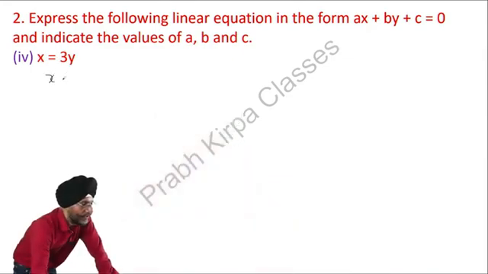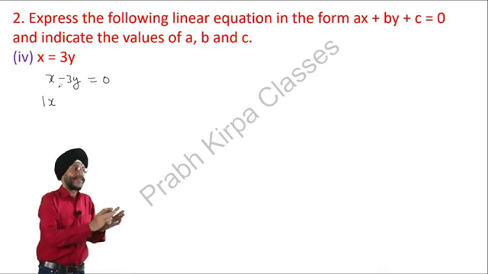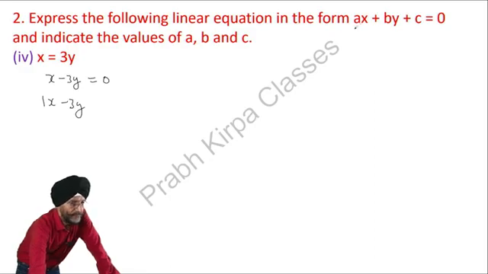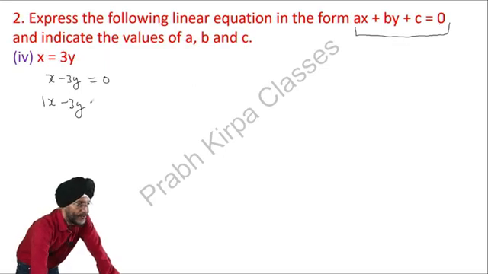So how can we write it as x minus 3y is equal to 0, or we can rewrite it as 1x, because x means 1x, minus 3y, because here we are to represent this equation in the form of this equation, we will add 0.